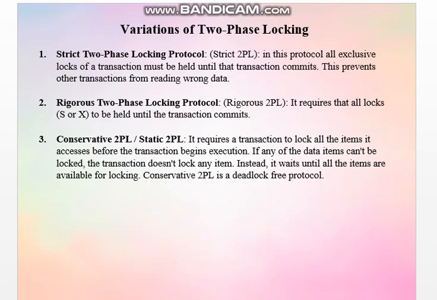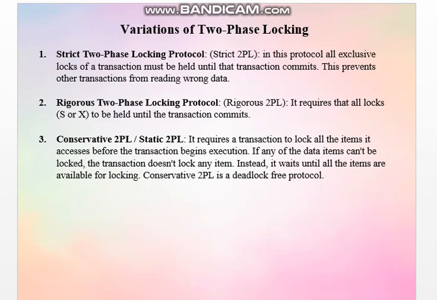For example, if I have transaction T1 which requires A, B, C and D, and let's say it obtains the locks on A, B and C, but D is used by another transaction. Then the transaction will not start its execution until D is available. If all four data items are available, then only the transaction will start its execution.